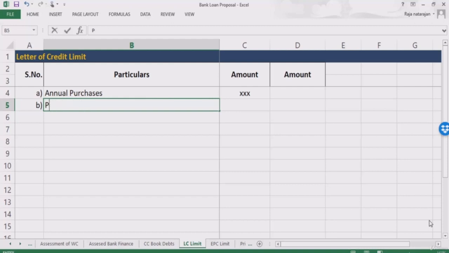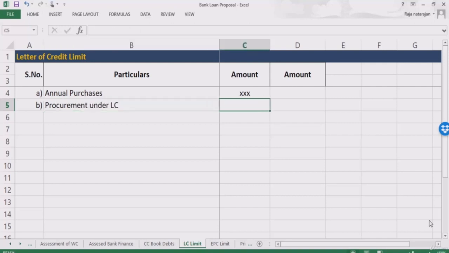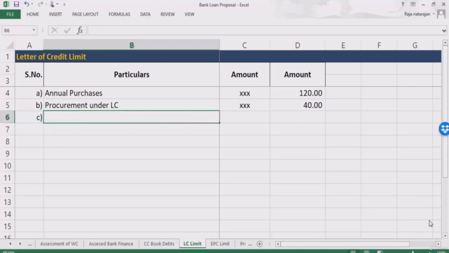So we'll say procurement under LC. There is going to be a certain amount. Say, for example, if annual purchases is 120 crore, and the procurement under LC is expected to be only around 40 crore, only 40 crore worth of goods are going to be procured under LC. Fine. Then we should know what is the monthly purchase. Monthly purchase of what?